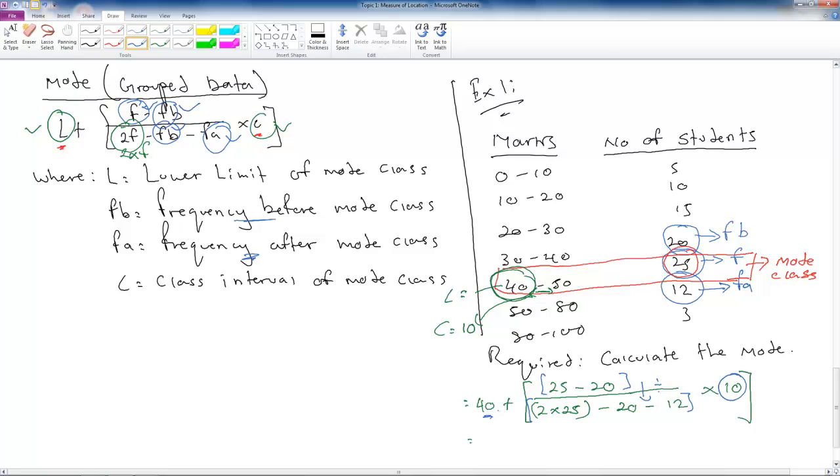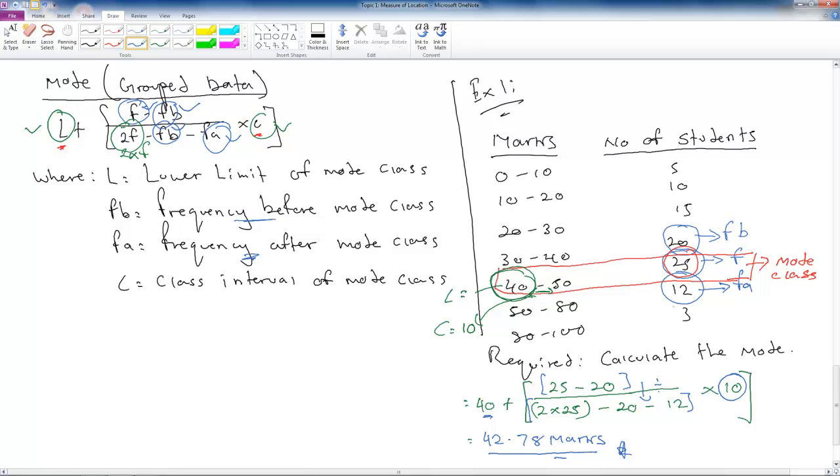Please calculate. You should get 42.78 marks.